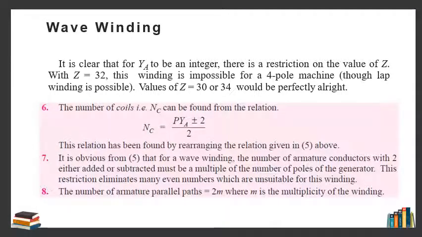This restriction eliminates many even numbers which are unsuitable for this winding. Next, number 8. The number of armature parallel paths is equal to 2 into m, where m is the multiplicity of the winding.